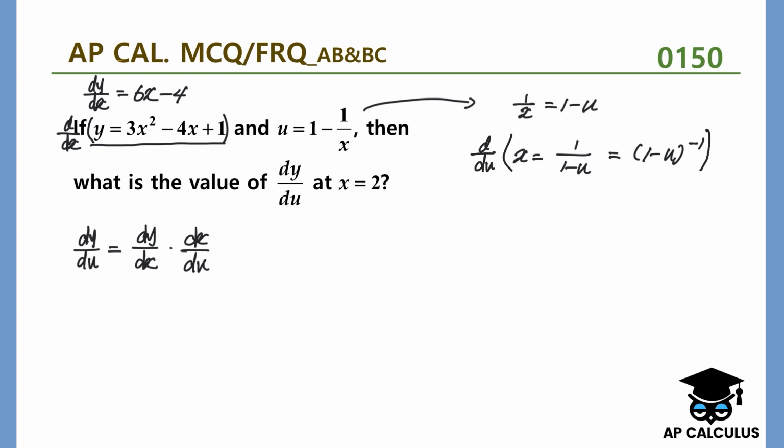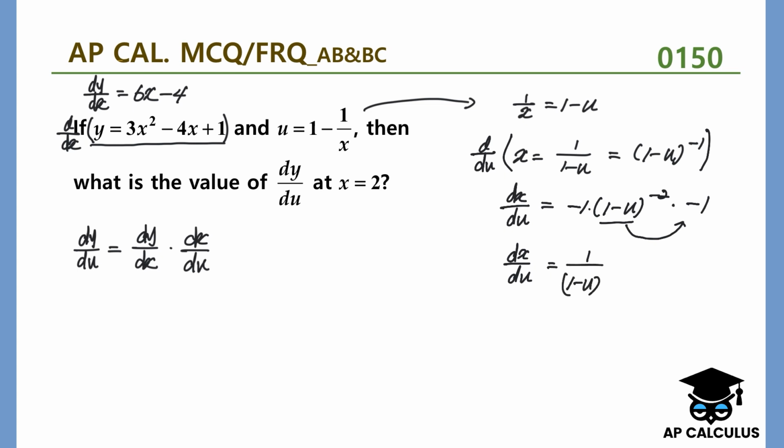Then dx over du is equal to, here we have a power negative 1, right? So negative 1 times 1 minus u to the negative 2 times the chain rule, derivative of this, that's going to be negative 1, right? So dx over du is equal to negative times negative, positive 1 over 1 minus u squared. Oops, that's a square.